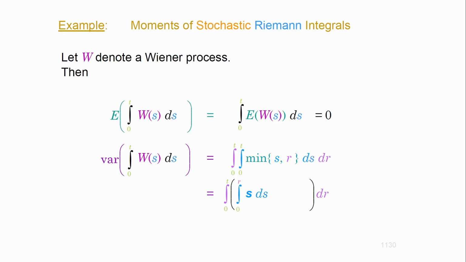You understand why? Keep in mind, guys, I want to address the minimum of s and r, and s is rolling from 0 to r. So s is always going to be either smaller than r or equal to it. That's the point. So it's always going to be the minimum, at least in this part. So at least in this part, this is what the integral is going to be.